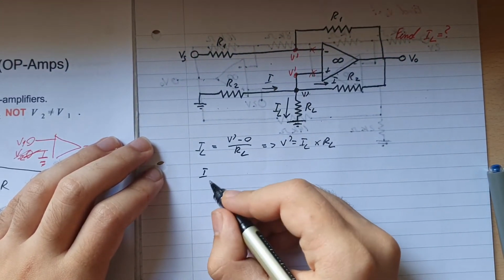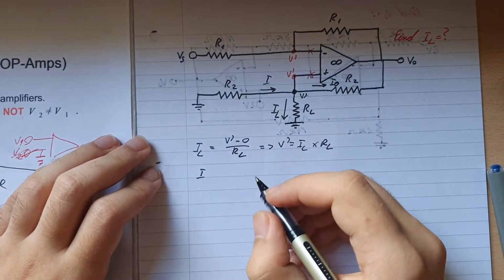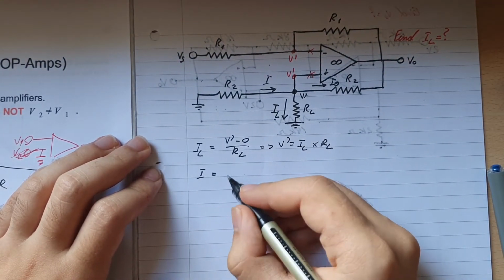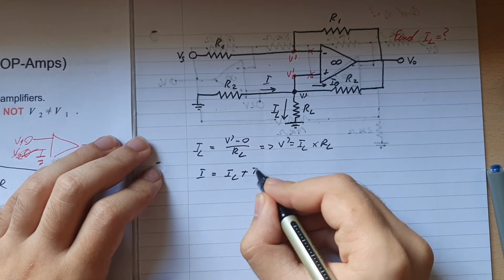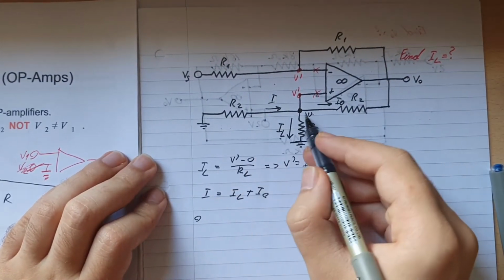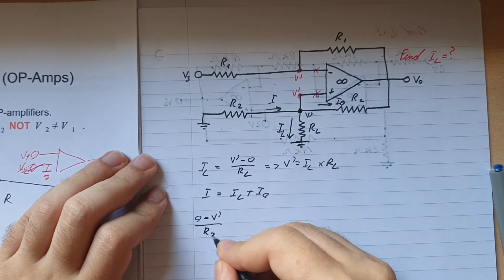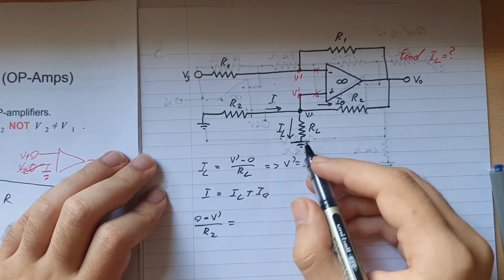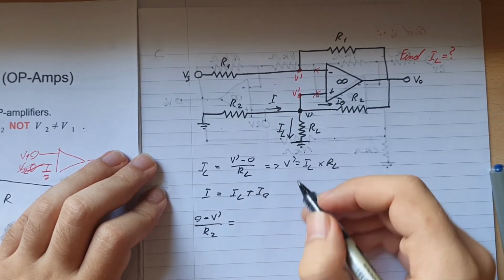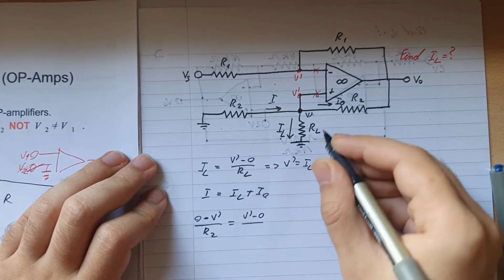Let's call this one IO, I guess. So I would be equal to IL plus IO. I is 0 minus V prime over R2, equal to V prime minus 0 over RL.